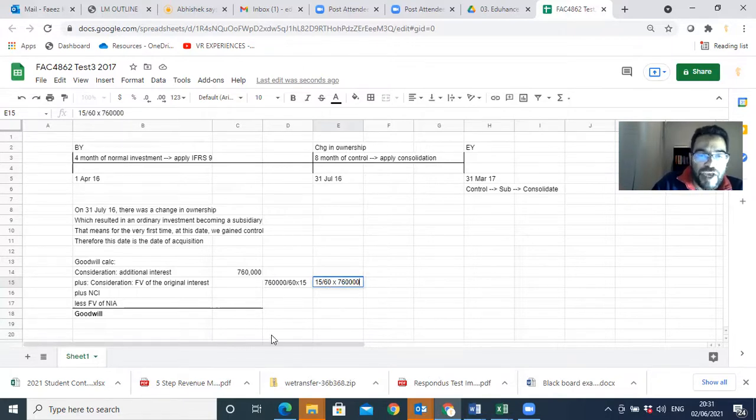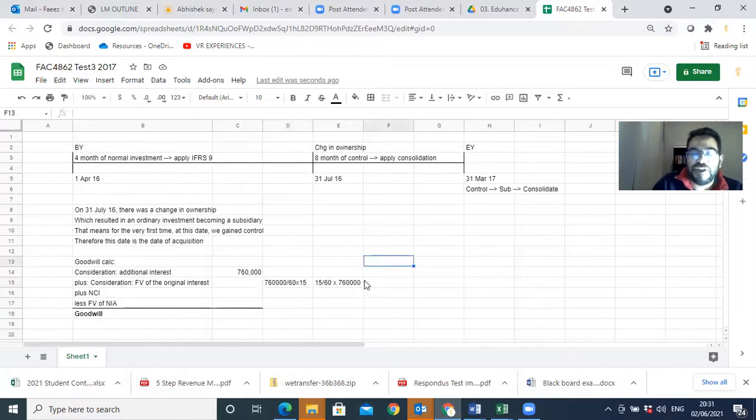I'm just showing you the way to think of it intuitively: 760 represents the fair value of a 60% interest. So if you divide it by 60, you will get the fair value for every 1%. Now that you have the fair value of every 1%, if you multiply by 15, you will get the fair value of 15%.